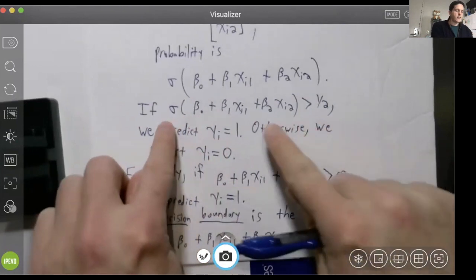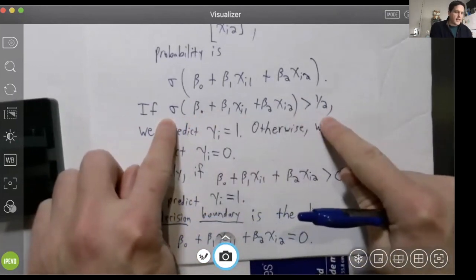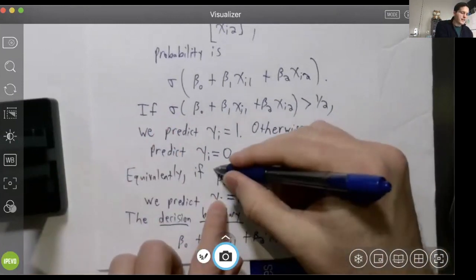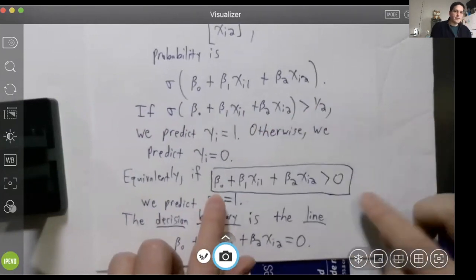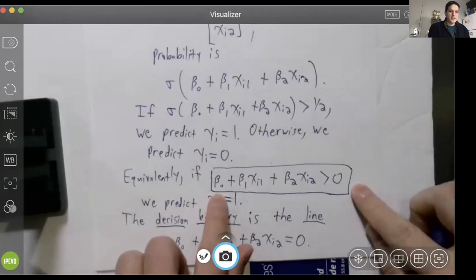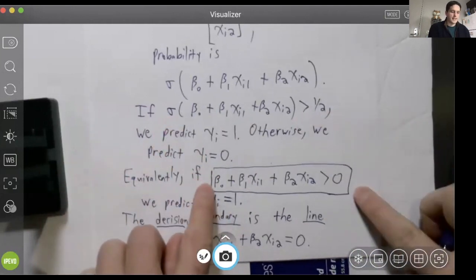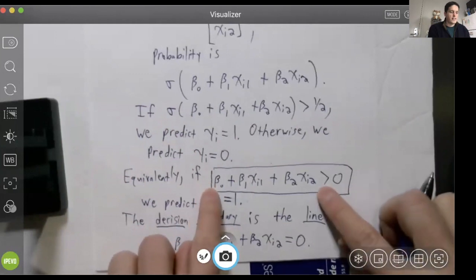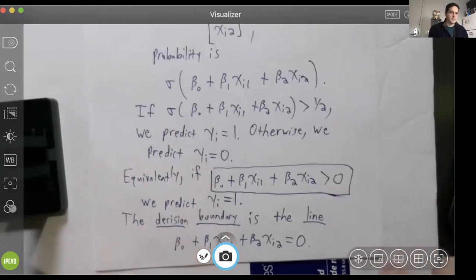Now, saying that this predicted probability is greater than 1/2 is equivalent to saying that this quantity here is greater than 0. So another way to describe our classification rule is if this quantity is greater than 0, we predict the class is 1, otherwise we predict the class is 0.